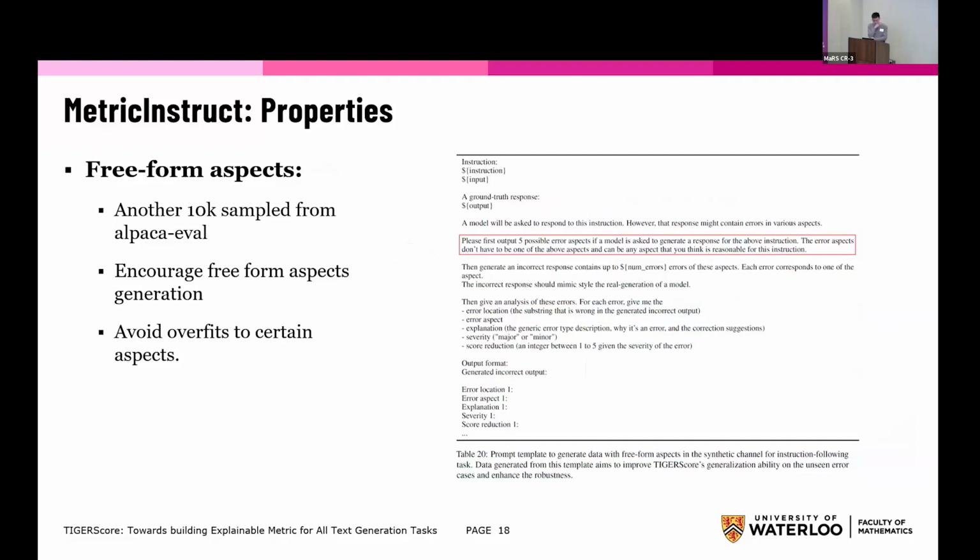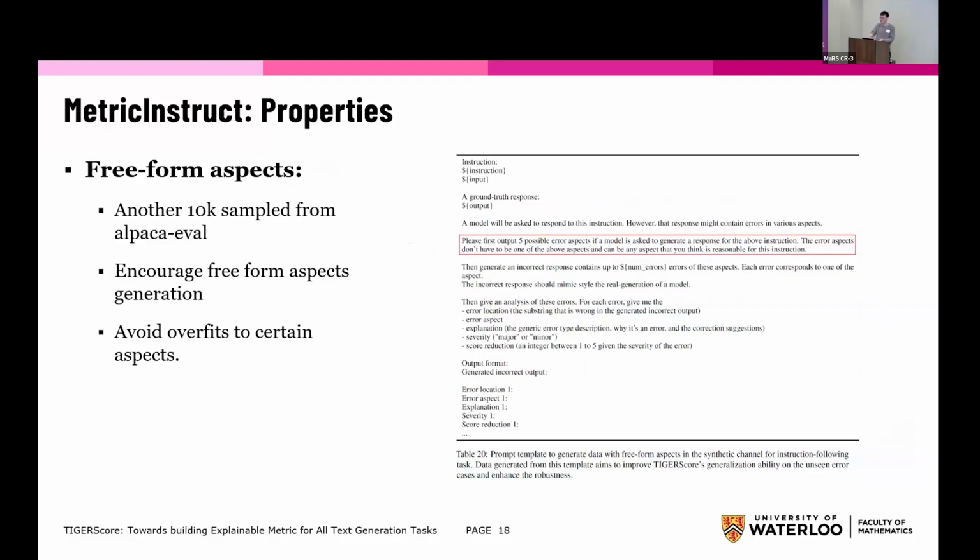Another design of MetricInstruct is free-form aspects. Another 10K data is sampled from UltraFeedback 52K. The reason why we collected these free-form aspects is that we want to encourage various free-form aspects. As you might remember, we have defined 3 to 4 aspects for different tasks, right?